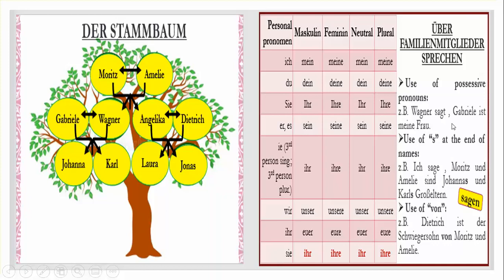And please note that there is something new that I want to show you. If you look at this whole sentence, it is actually made up of two small sentences. Wagner sagt is one sentence, and Gabriele ist meine Frau is the other sentence.